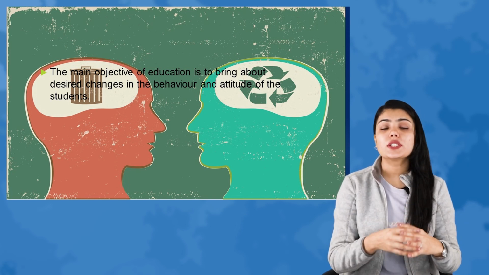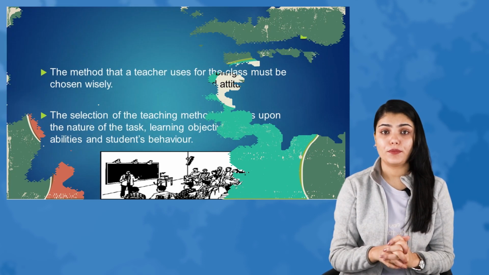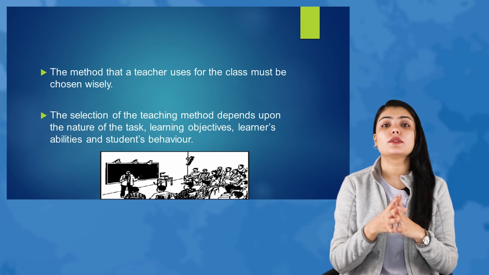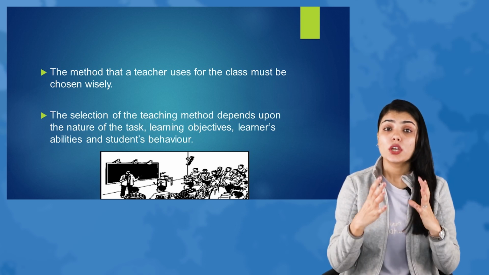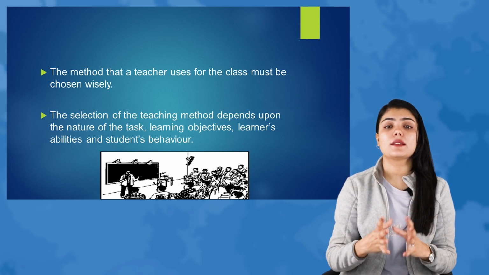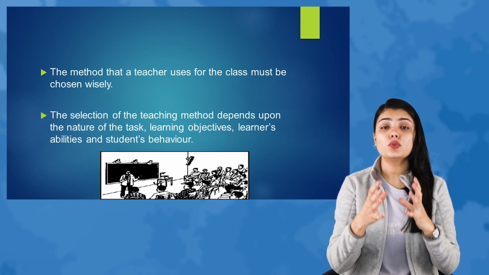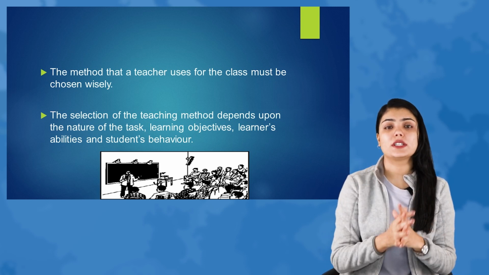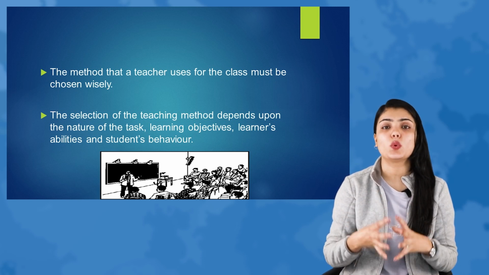So education helps to bring modifications in the behavior of an individual. Since we are discussing the methods of teaching, the method that a teacher chooses for the class must be chosen wisely.